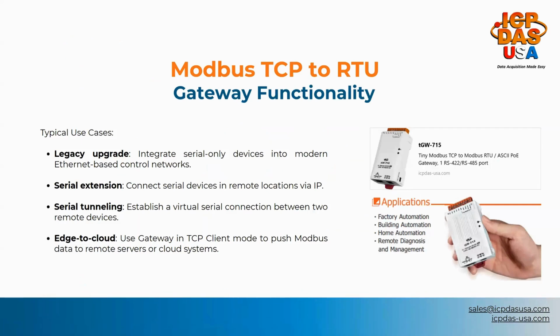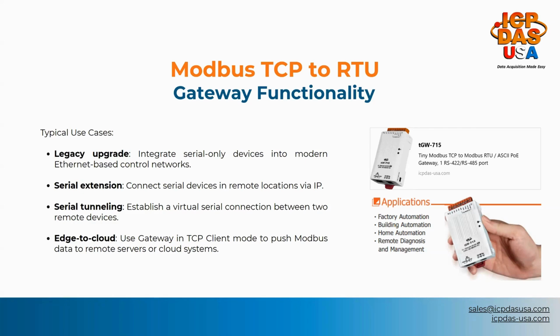So, Modbus TCP to RTU gateway functionality. Typical use cases: legacy integration. They connect older serial-only devices to modern Ethernet-based control systems without needing to replace existing hardware, which is really nice. Remote connectivity extends serial communication to far-off equipment by sending data over IP networks.